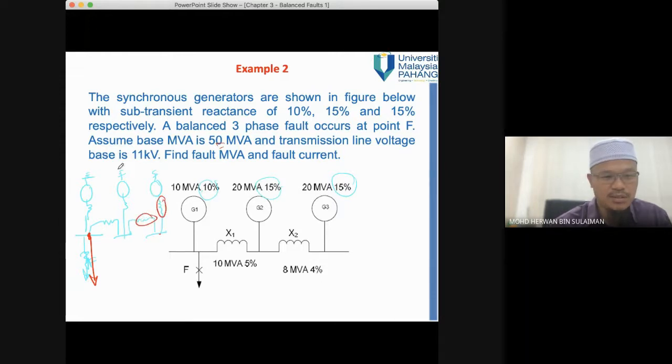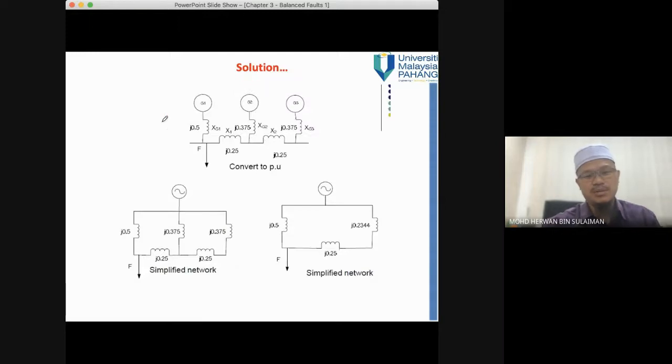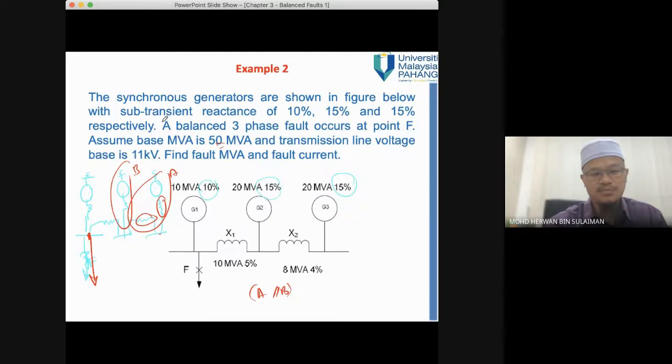Kemudian dia parallel dengan this value. So ni kita bagi A, ni B. Okay, and then so A parallel dengan B. You kira ni dulu sebab dia series, parallelkan dengan this value. Dapat satu value, tambah dulu dengan this value, kemudian parallelkan lagi. Nampak tak? Sebenarnya daripada sini you boleh figure, tak payah buat simplified ni. Buat je simple.